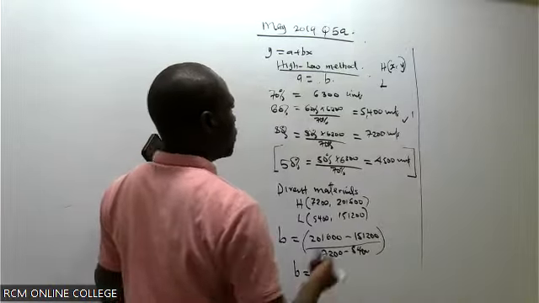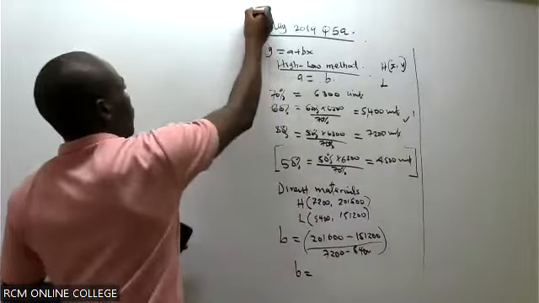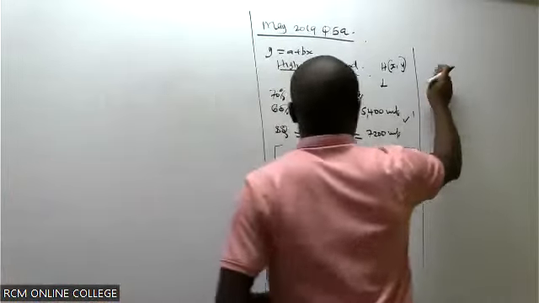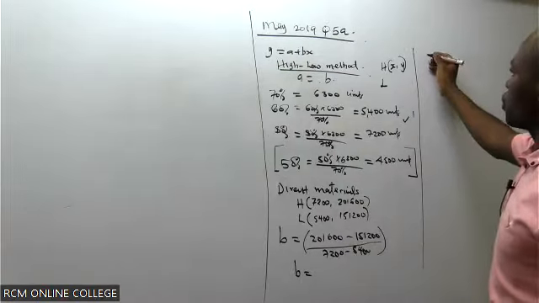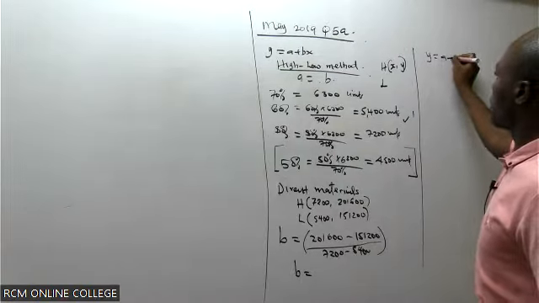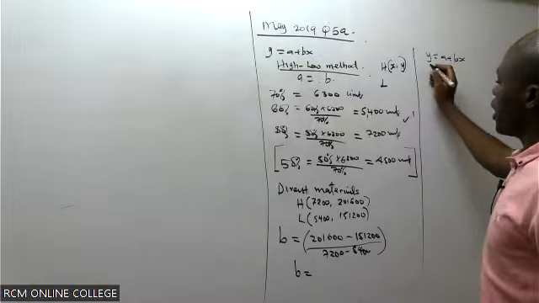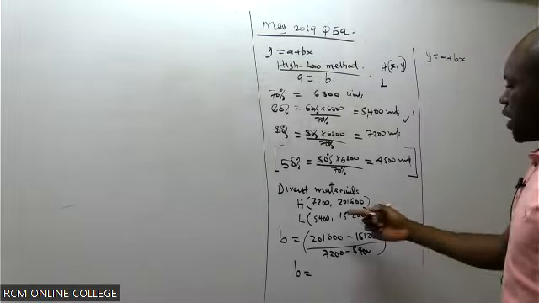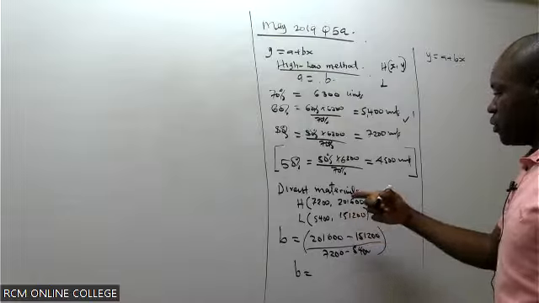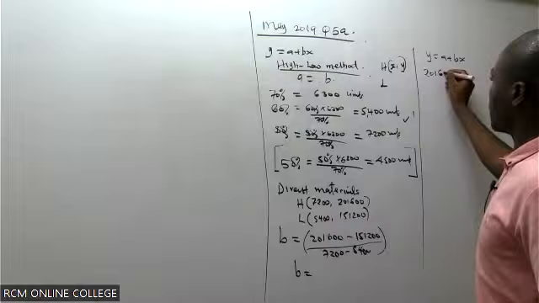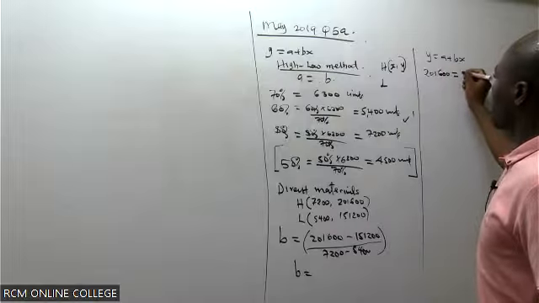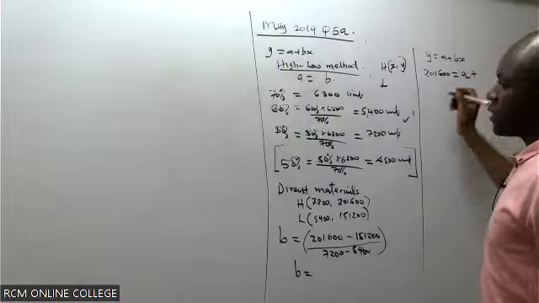Then where do we come next? We come here to find the value of A. Y, which is the total cost, is equal to A plus BX. Do we have Y? We pick any of the points, either the highest or the lowest. So let's say we have used the highest. Y, which is 201,600, is equal to A, we don't know that A, plus BX.